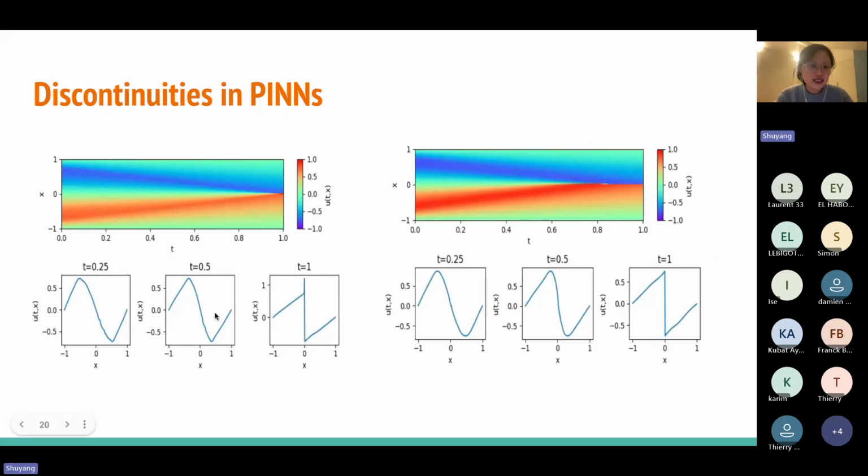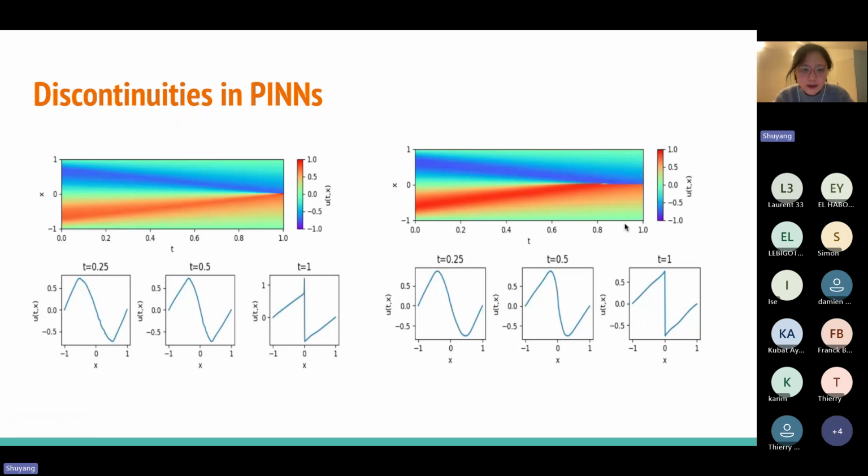On the left-hand side, I used the naive approach, putting everything into the loss function: the residual term and the initial and boundary conditions. What I received here is that the neural network has no idea what it has to do. So it forms something really strange, which has nothing to do with the exact solution.